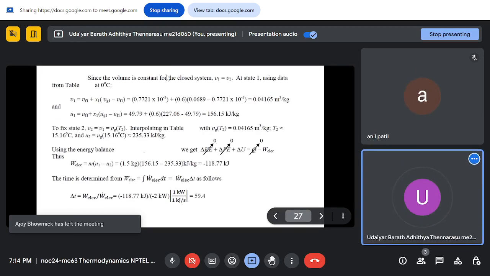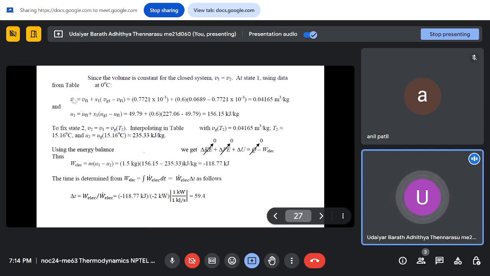Since the volume is constant, it's a constant specific volume process. At state 1 we can find the specific volume using the saturated liquid and saturated vapor specific volumes, and we know the quality is 0.6.